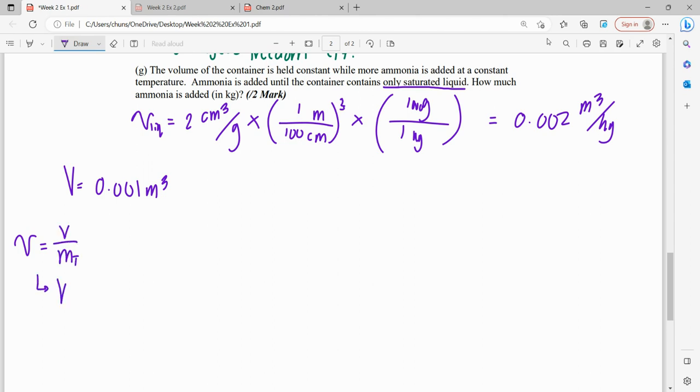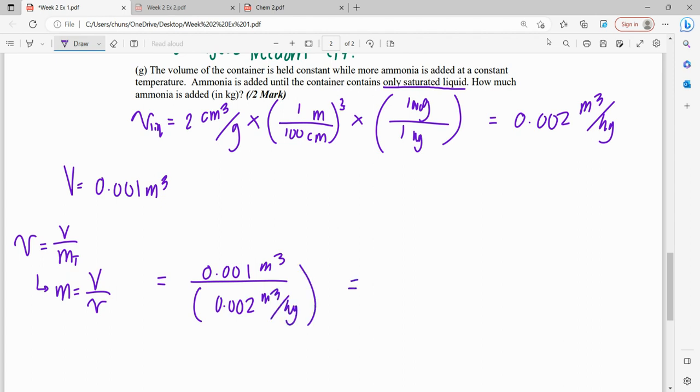we get that our mass, which is what we're looking for, is equal to our volume over specific volume. So if we were to do that, we would get 0.001 divided by 0.002, that's 0.5.